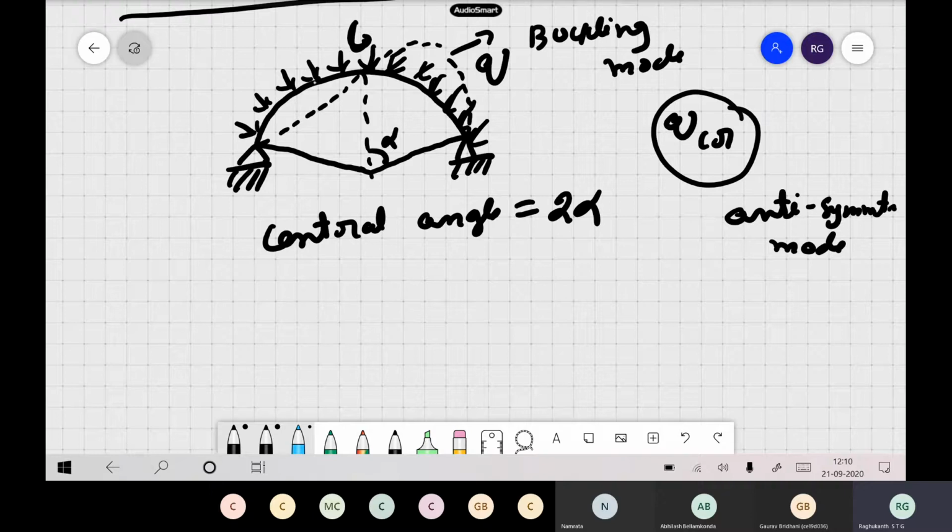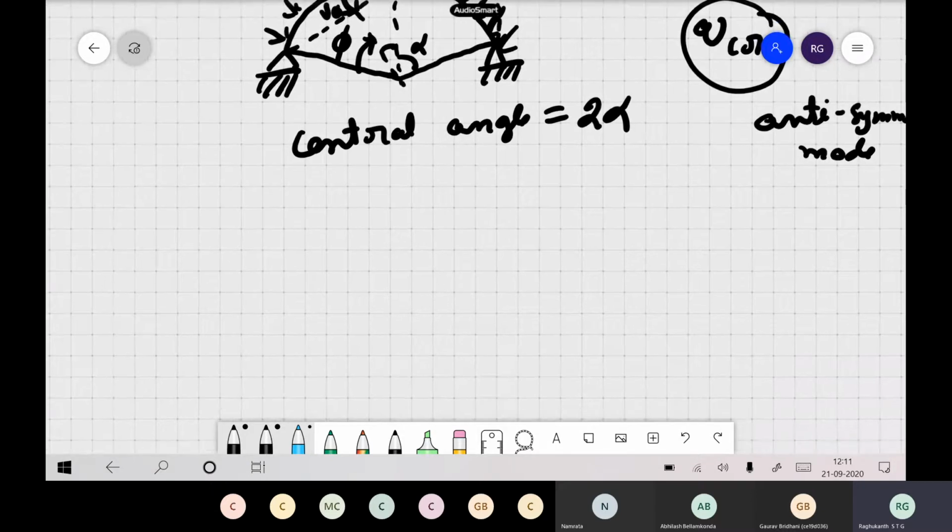Now if you take any section here, let us say this displacement is v of phi, at an angle of phi which we take from this side. So this is our tangent, the radial displacement is v, and the central angle is alpha.